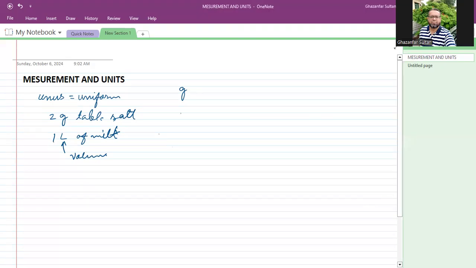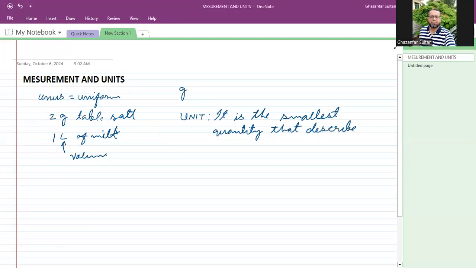So we should see what a unit is. The standard definition of a unit is: it is the smallest quantity that describes the whole quantity.